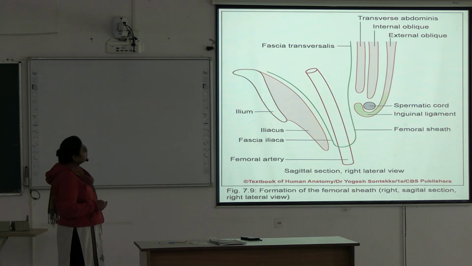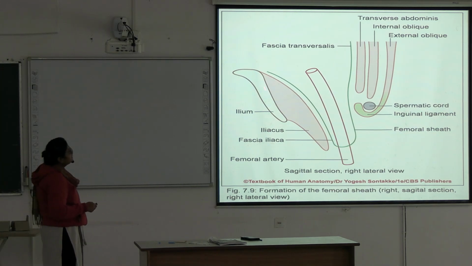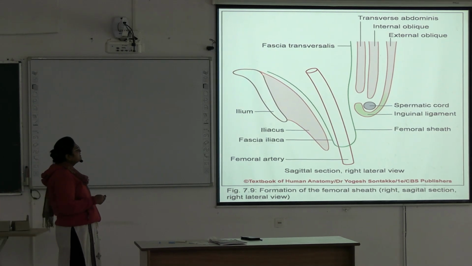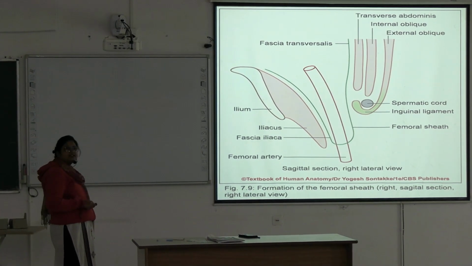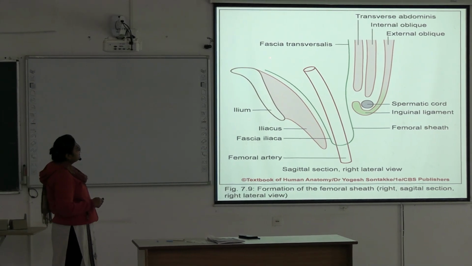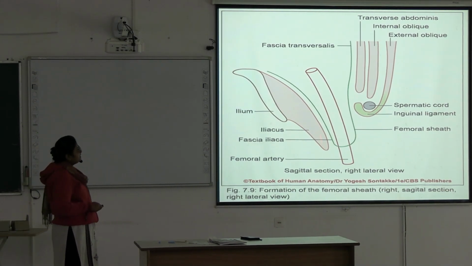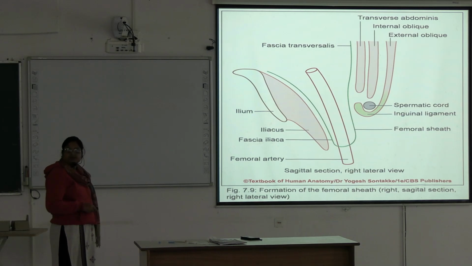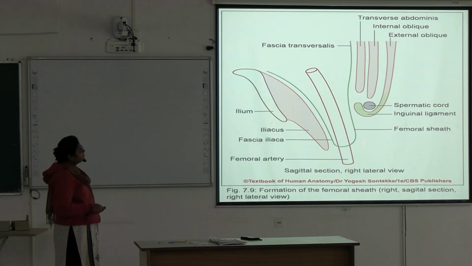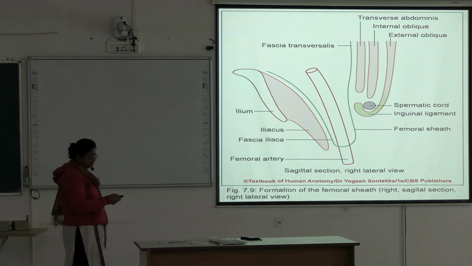See, this is iliac bone. In the iliac fossa, this iliacus muscle is attached, and this muscle is covered by this deep fascial sheath that is known as fascia iliaca, which is forming the posterior layer of the femoral sheath. Okay, so this is formation of the femoral sheath.